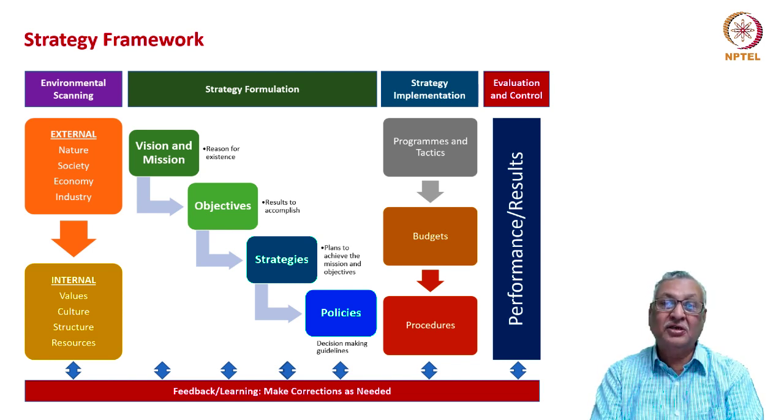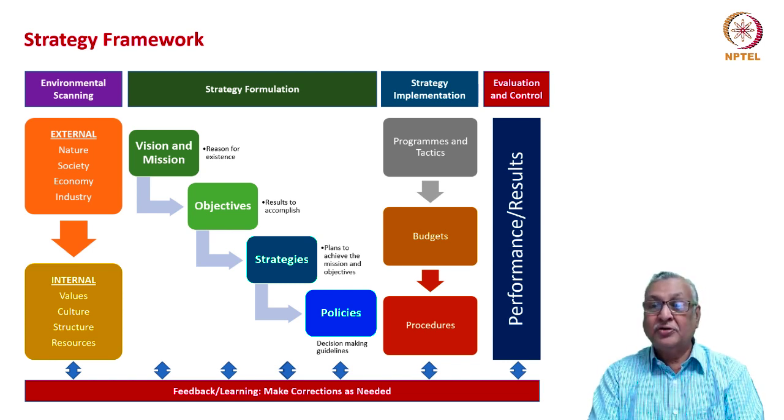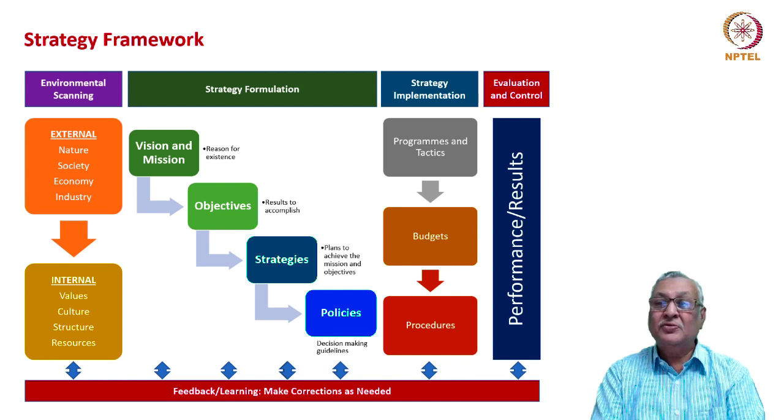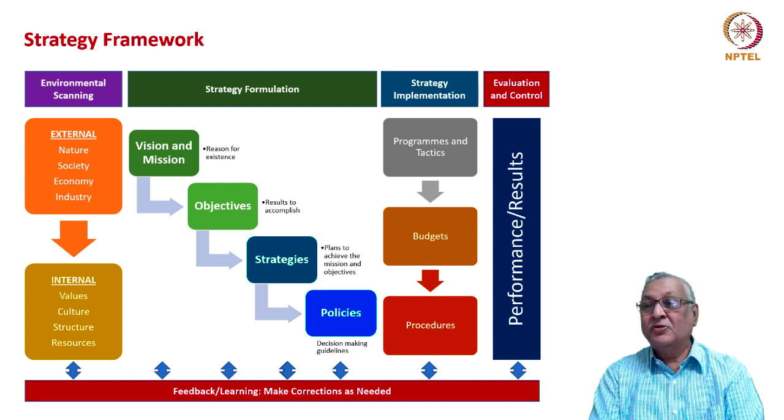But our job doesn't end with execution of strategy. We have to make sure that the strategies have been laid out and executed in the manner the goals have been envisaged. For this, we require an evaluation and control block as well. And here we assess the performance, we assess the results.